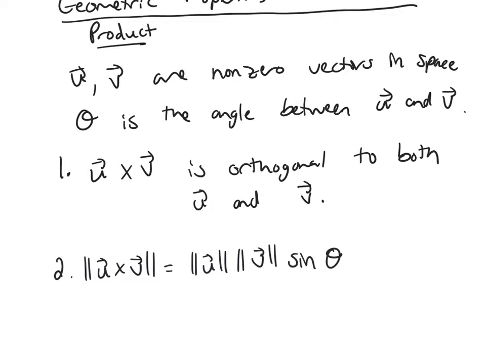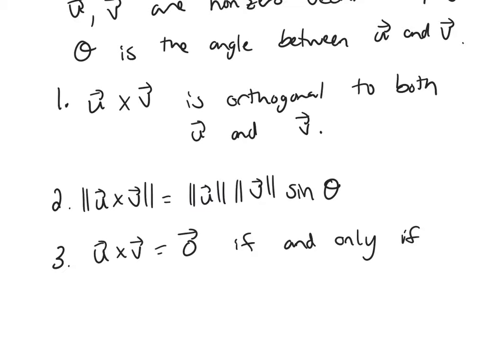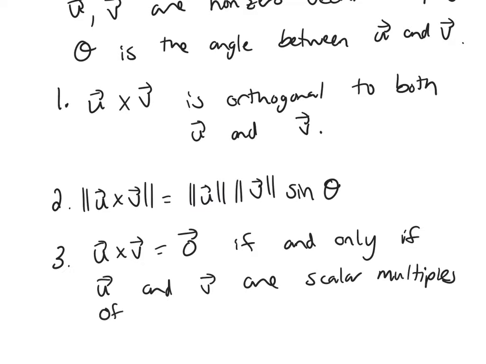And again, theta is the angle between U and V. The third property is that if I take the cross product of U and V and get zero, that happens if and only if U and V are scalar multiples of each other.